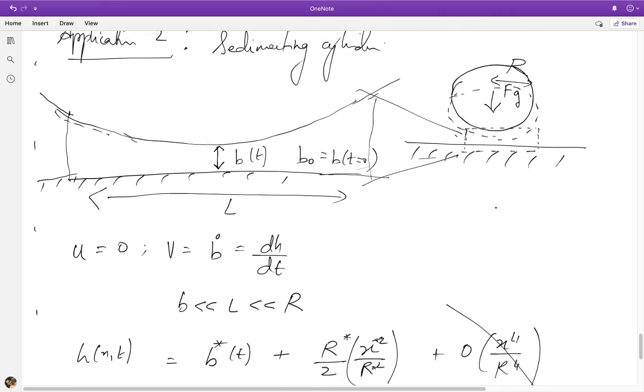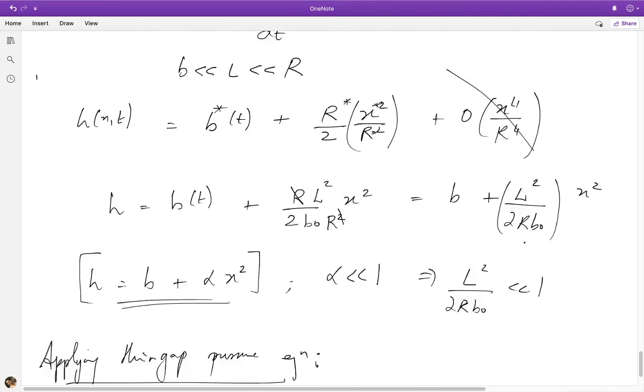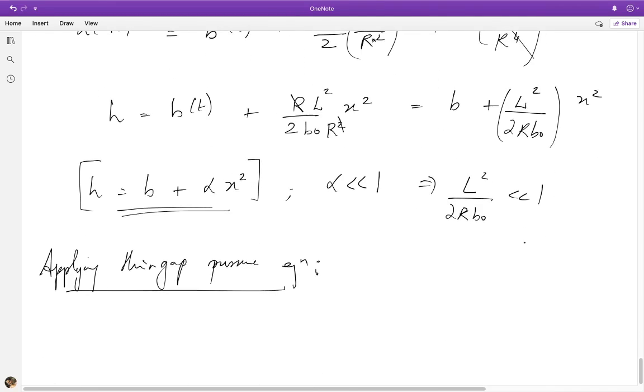This follows naturally from the fact that the characteristic pressures are 1 by epsilon, whereas the characteristic largest viscous stresses are order 1. So therefore it becomes important to calculate the pressure in the thin gap region, and if we know the pressure in that thin gap region, we can get a leading order approximation to the force exerted by the fluid on the sedimenting cylinder.